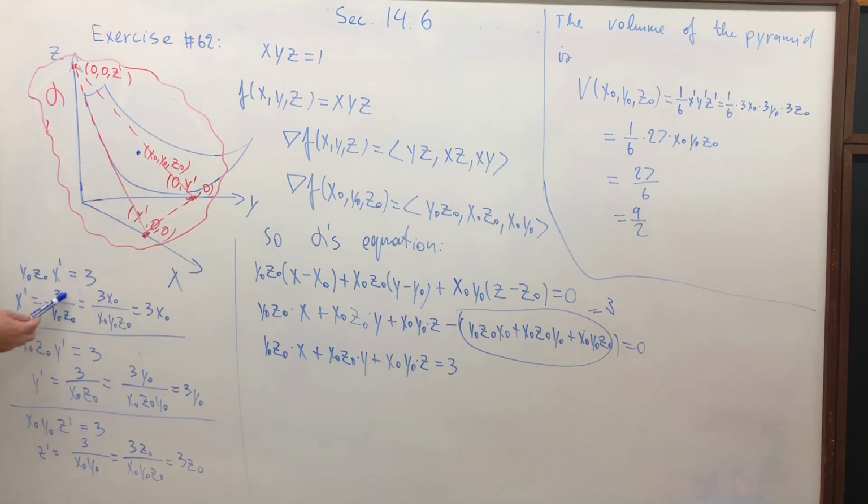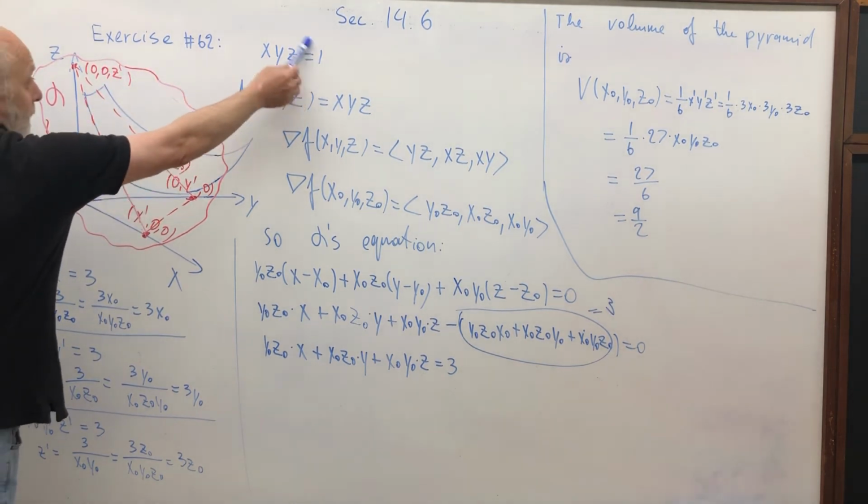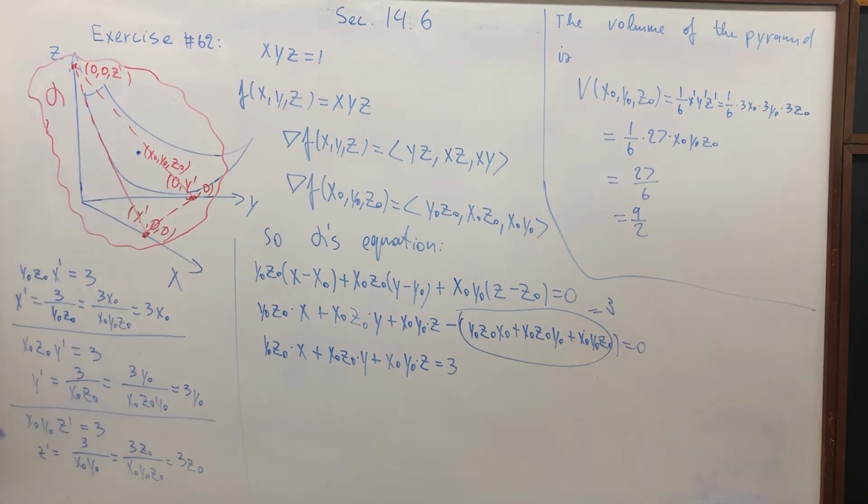We multiply both numerator and denominator by x0, and we end up with 3x0 over x0 times y0 times z0, which is equal to 3x0, because we know x0 times y0 times z0 is equal to 1, because this point x0, y0, z0 belongs to the surface xyz equals 1.